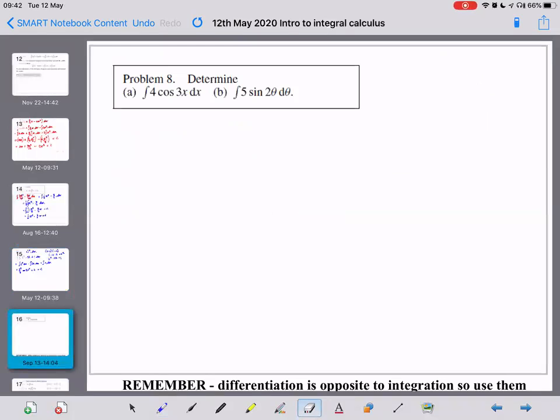Okay, so let's just have a look at these two with cosines. So A, we've got the integral of 4 cos 3x dx. The first thing we can do is take the constant outside.